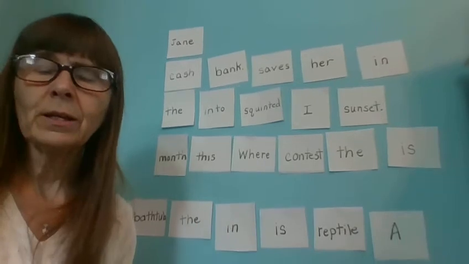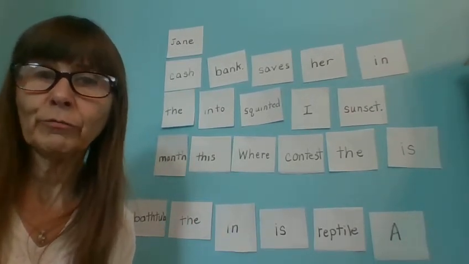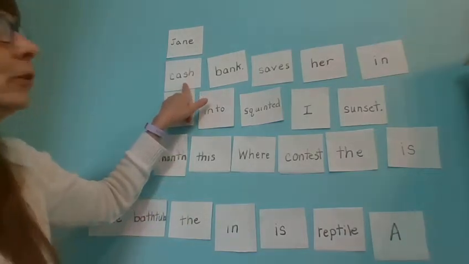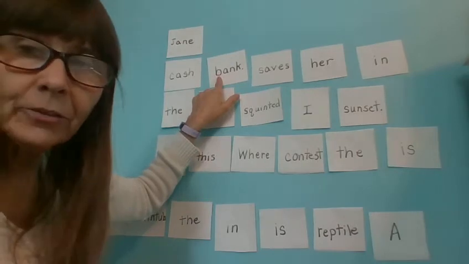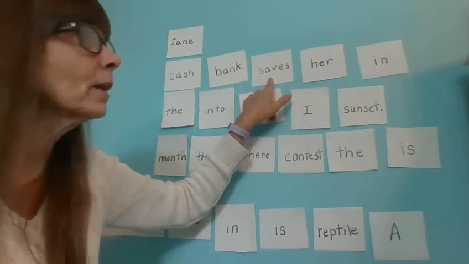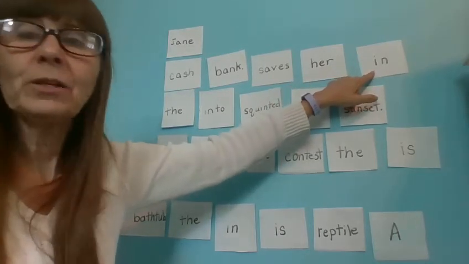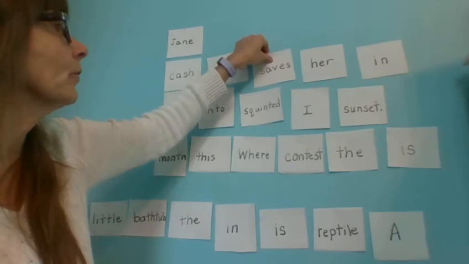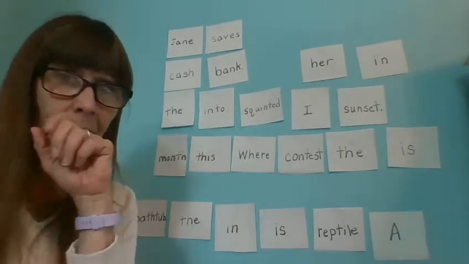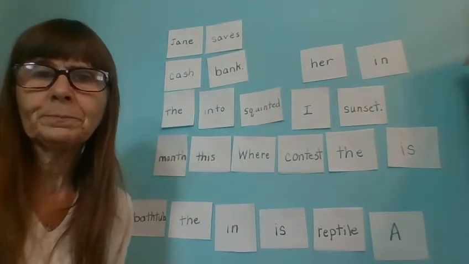So Jane, and then probably we want to put what she does, or an action, a verb. So let's look for a verb here. Cash is not a verb, that's a thing. Bank is not a verb, that's a thing. Saves, that's an action, that could be next. Her, not something you do. In, not something you do. So let's go ahead and put saves. Jane saves. All right, so now what does she save? What would make sense?